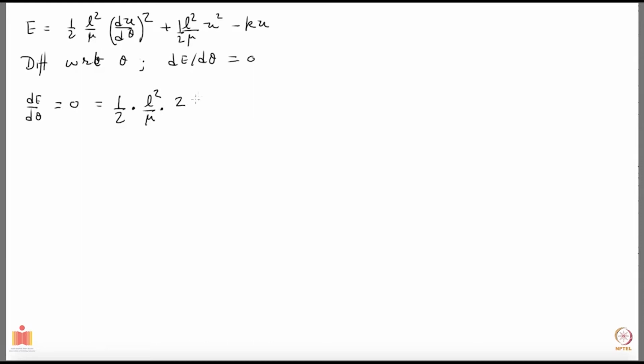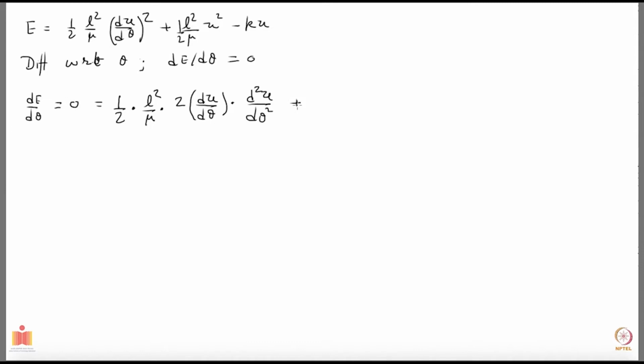So you get 2 du over d theta times the second derivative of this, right? d2u over d theta squared.